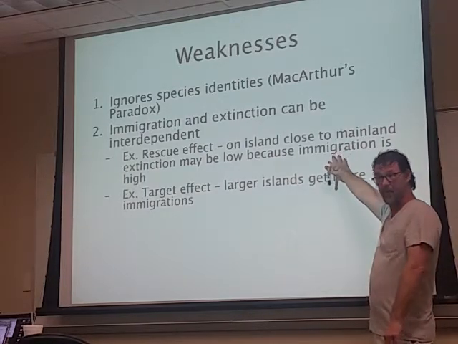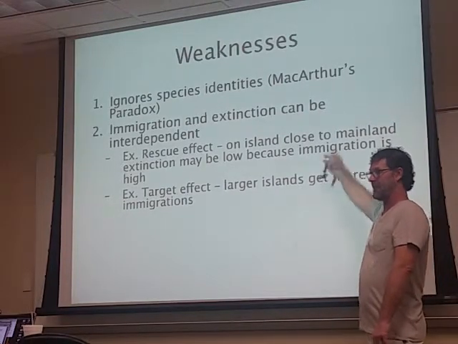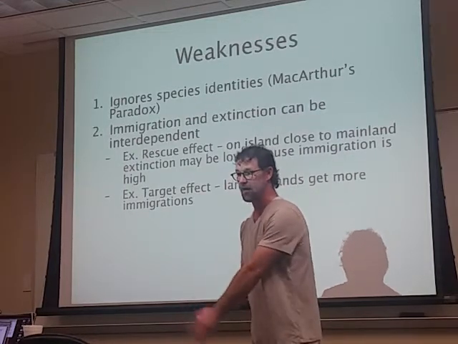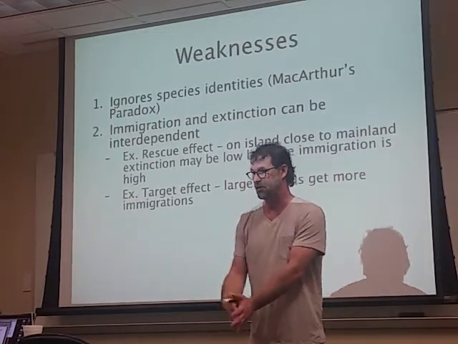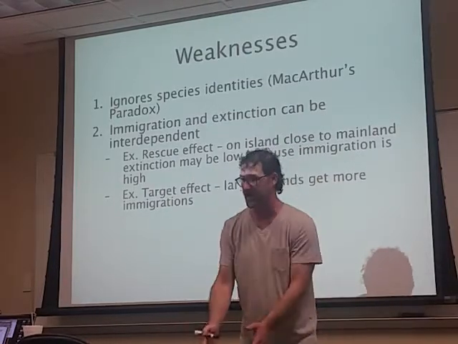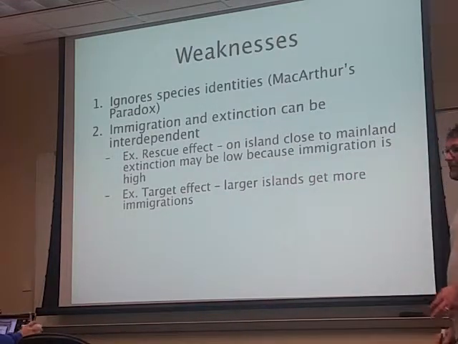I'm arguing here that they're not necessarily completely independent of one another. If an island is close to the mainland source, it's going to benefit on both the extinction side and the immigration side. Extinction will automatically become lower, immigration will automatically become higher, because they can go back and forth very rapidly.